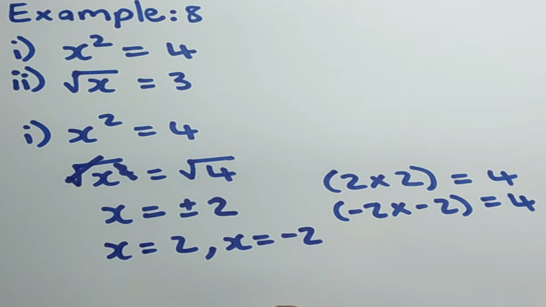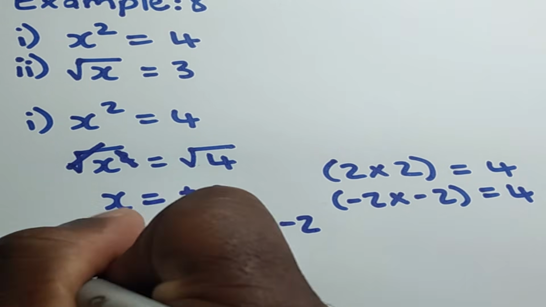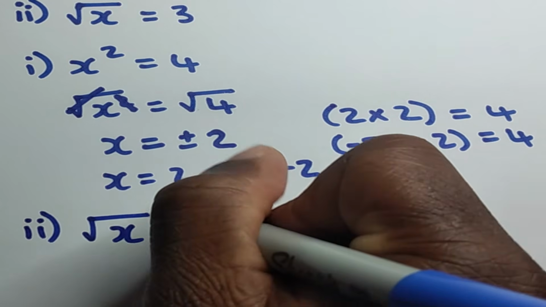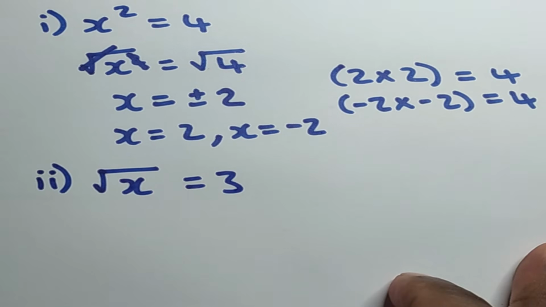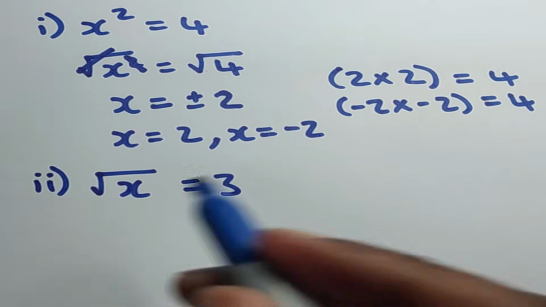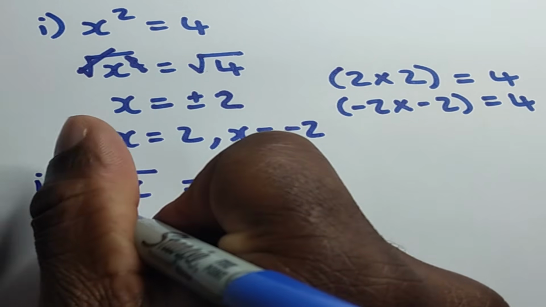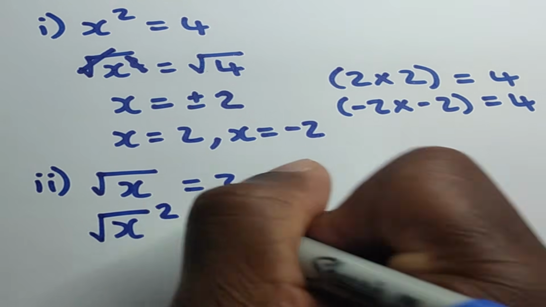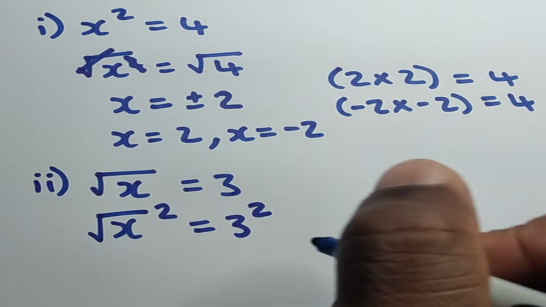Now let's look at the final part of the question, the square root of x is equal to 3. And again, if we want to get rid of the square root sign, we simply do the opposite of that, which is the squared. So we can simply square this side, and if we square this side, we also require to square the other side as well.